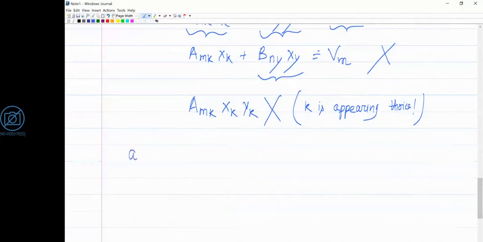Suppose you have a vector A and I am dotting this with vector B. Then what is this? From your usual convention, this is summation over i equal to 1 to 3 of a_i b_i, isn't it? And this we are going to call a_i b_i, correct?